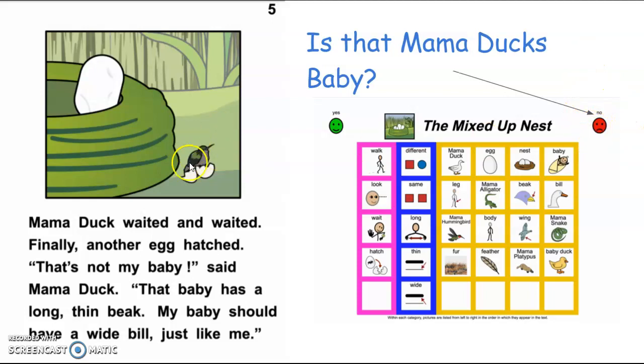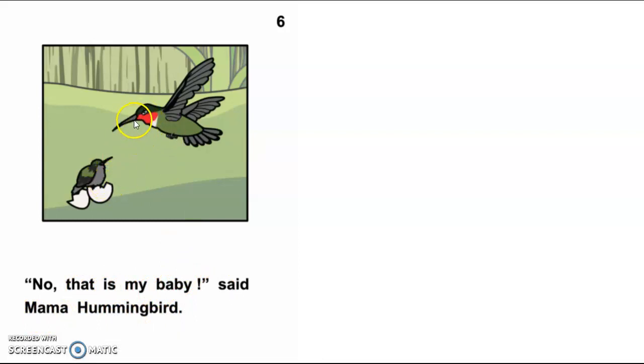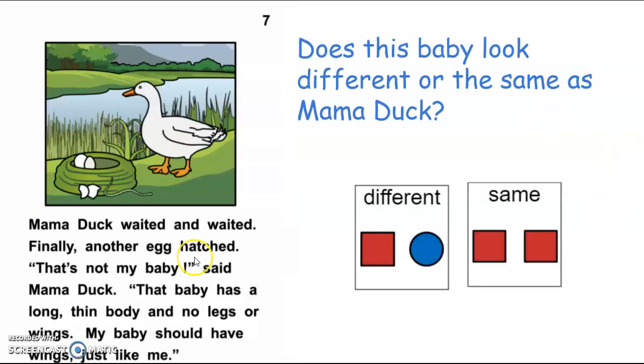No, that's not Mama Duck's baby. "No, that is my baby," said Mama Hummingbird. Oh, they found each other. See, Mama Hummingbird has a long, thin beak, and so does baby Hummingbird. And they both have some green.